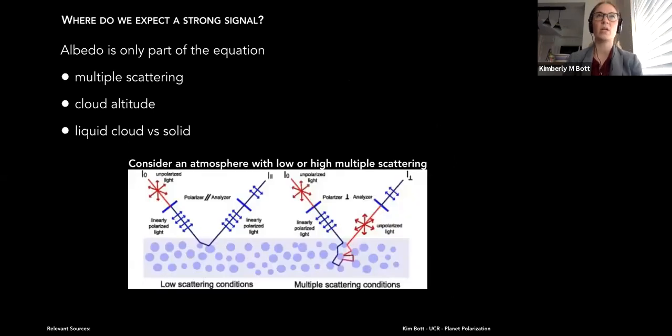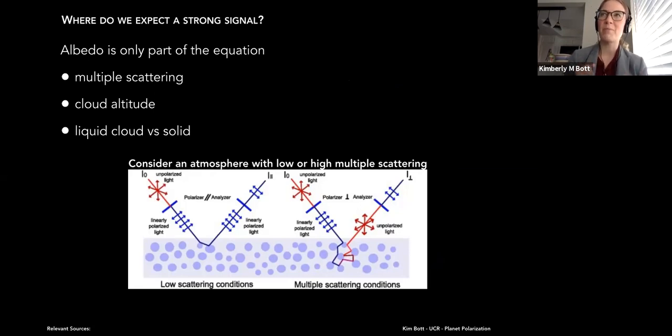You can imagine if you have an unpolarized source interacting with an atmosphere, if it's scattered a few times or singly, that is likely to impart a polarization.